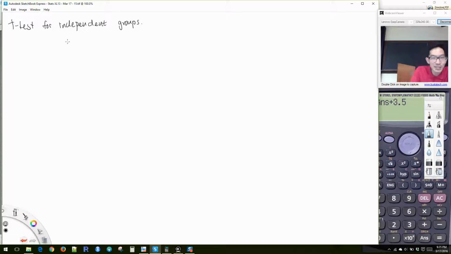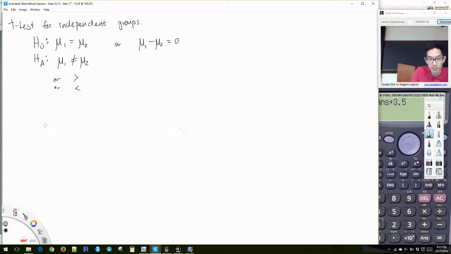All right, t-test for independent groups. Our hypotheses here are mu1 equal to mu2, or mu1 minus mu2 equal to 0. The alternative is mu1 not equal to mu2, or greater than or less than.